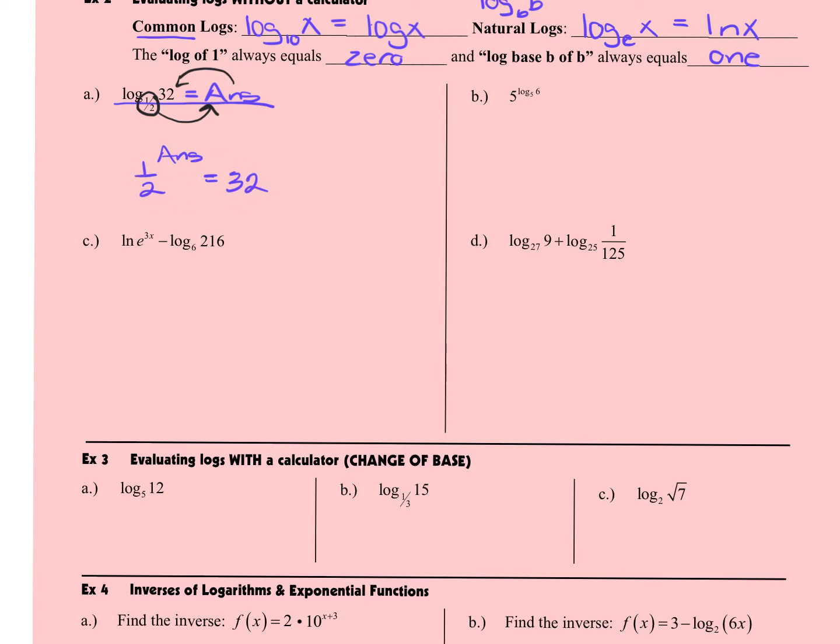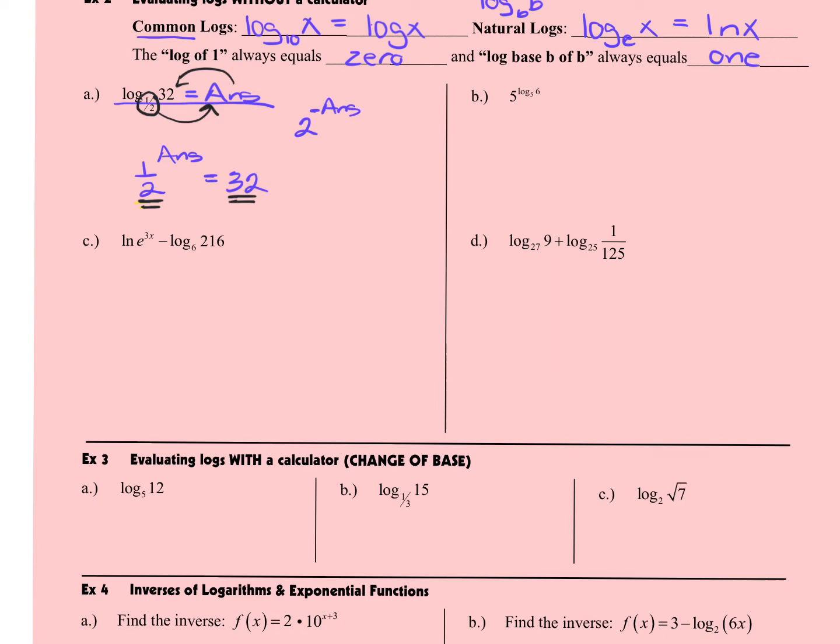Now we can notice that we have a 1/2 here on this side, and I have a 32 that can be written as a power of 2. So I'm going to rewrite this problem, and I'm going to make this a 2. So instead of a 1/2, I'm going to write 2, and I'm going to say negative answer.